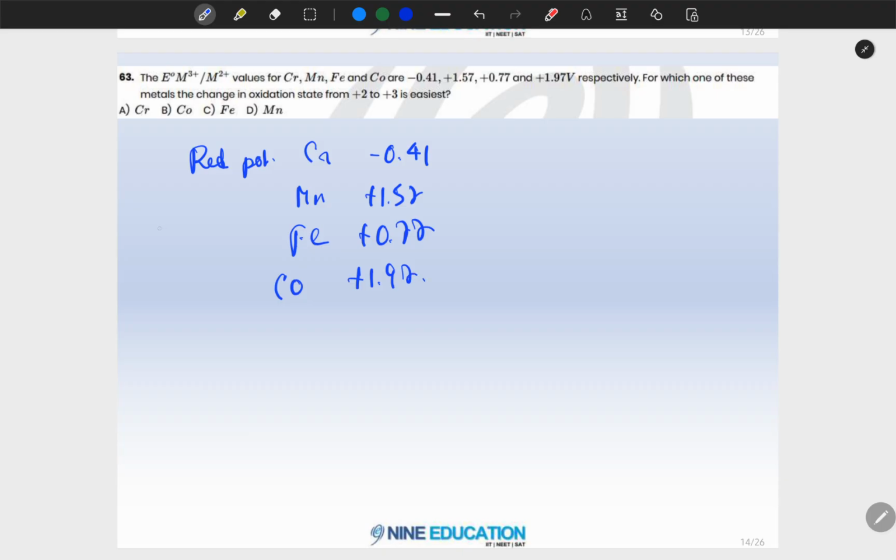These are the values of reduction potential, M plus 3 to M plus 2. These are actually the values of oxidation potentials. Plus 3 to plus 2, right?